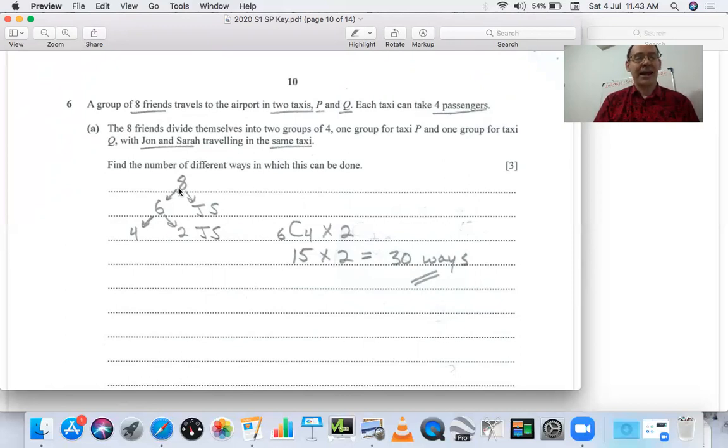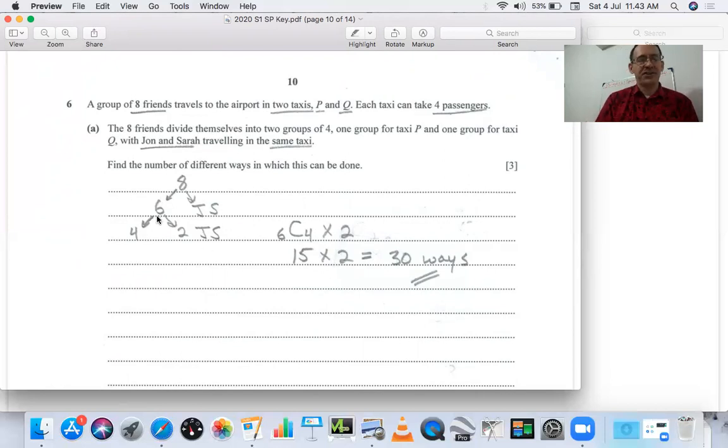So notice our 8 people are first divided into 6. Doesn't matter which taxi. John and Sarah have to be together in the same taxi. Now, notice this is not about arrangements within the taxi. It's only that they're in a particular taxi. So this is combinations, not permutations.